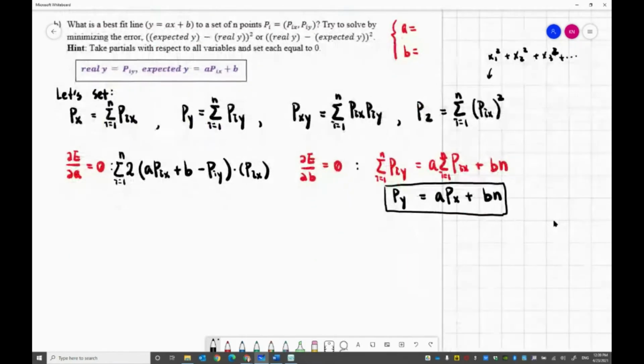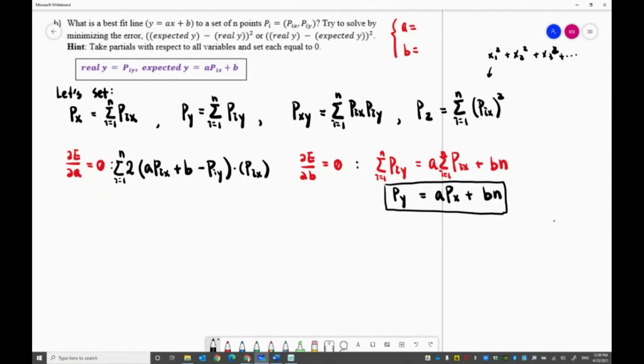I don't need the error, so I'm going to scroll up. Now I need to distribute, so sigma 2 times (a times point sub ix squared plus b times point sub ix minus point sub ix times point sub iy). Then I'm going to set this one as 0.